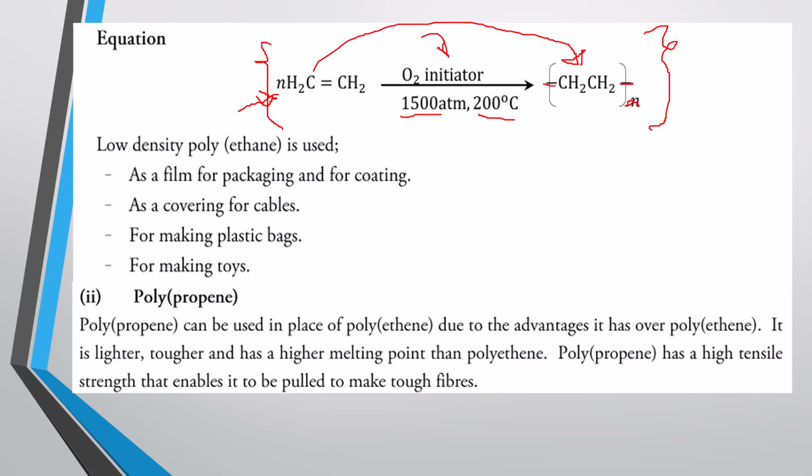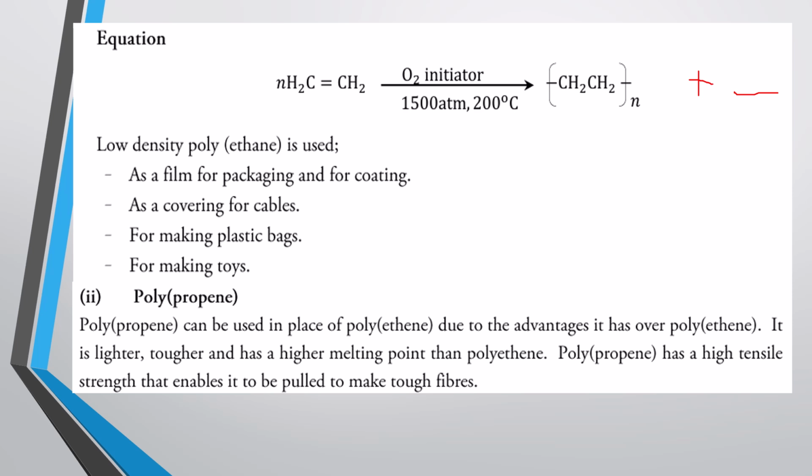So what you should note when you're writing this equation, or when you're given this equation, is this: because when you're given the equation, we are going to ask you for the type of polymerization that has taken place. If at all you see any other compound being given off, that's not addition polymerization, because for addition polymerization, no other product must be formed.